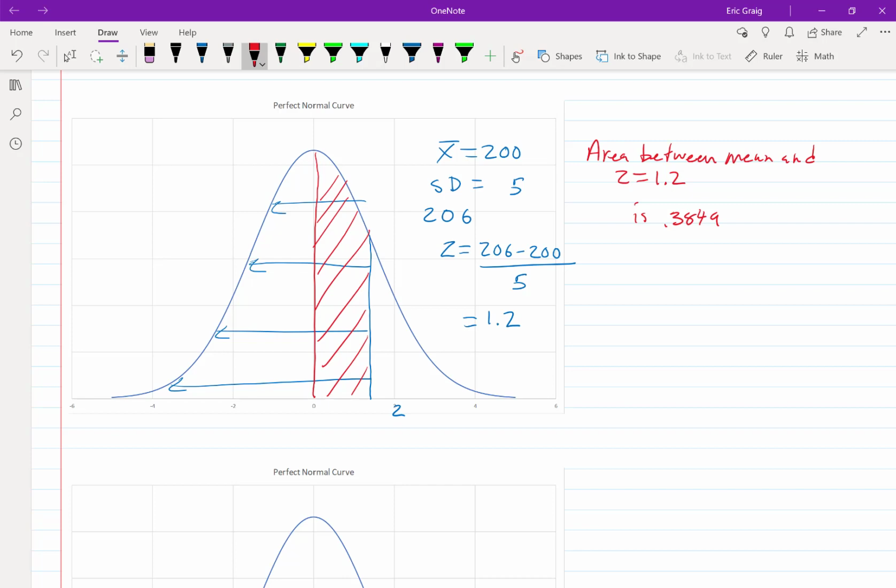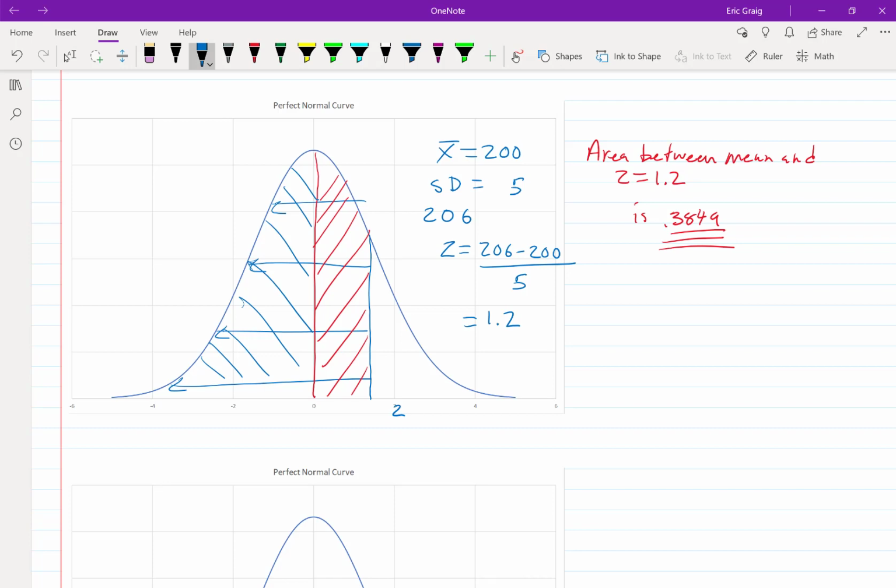If somebody asks you, what is the percentage of students that fall below a score of 206, z equivalent of 1.2, and you answer 38.49, you've gotten the question wrong. Why? Because we also need to include this area over here. So anytime you use these tables and you're looking for a proportion of folks where the score you're given is a score above the mean, you need to add 0.5.